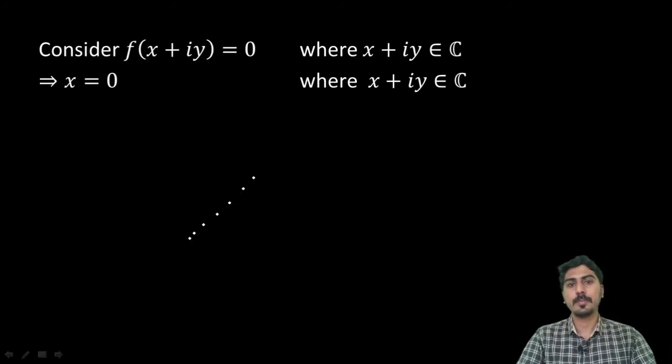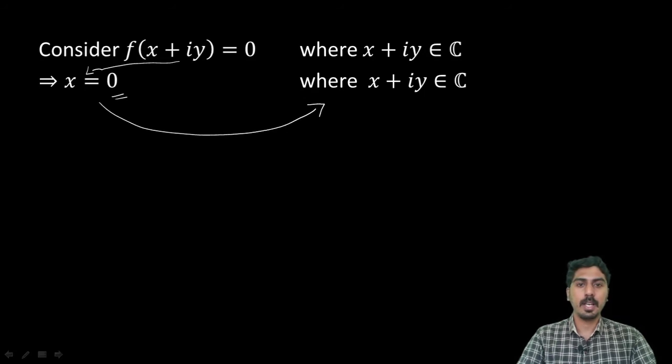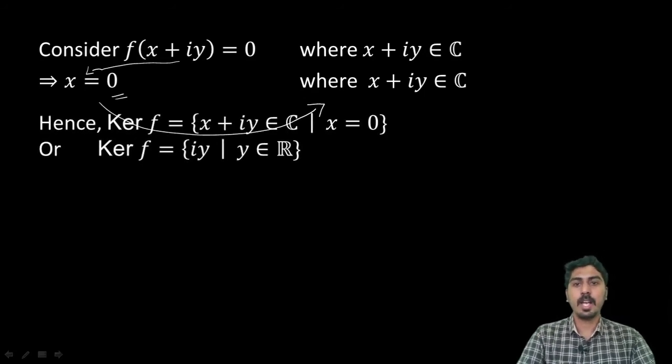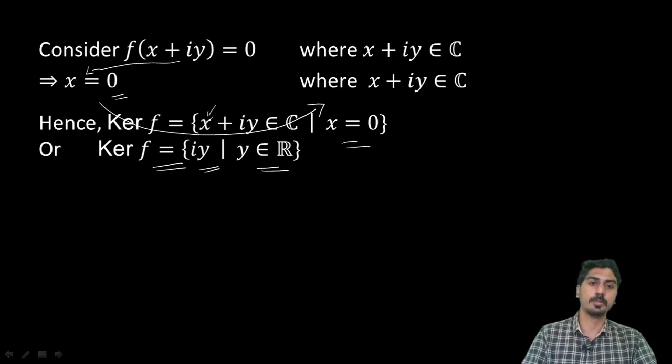By definition, f of x plus iy is x, equal to 0. When I put x equal to 0 here, I get iy, so kernel of f will be equal to iy, where y belongs to R. So the kernel is the set of all complex numbers for which x is equal to 0.